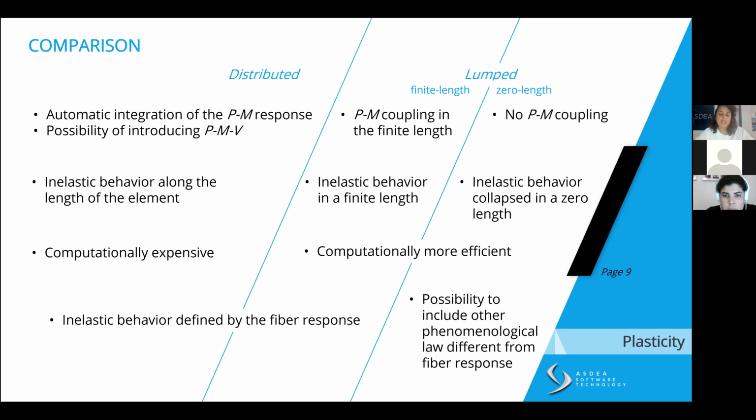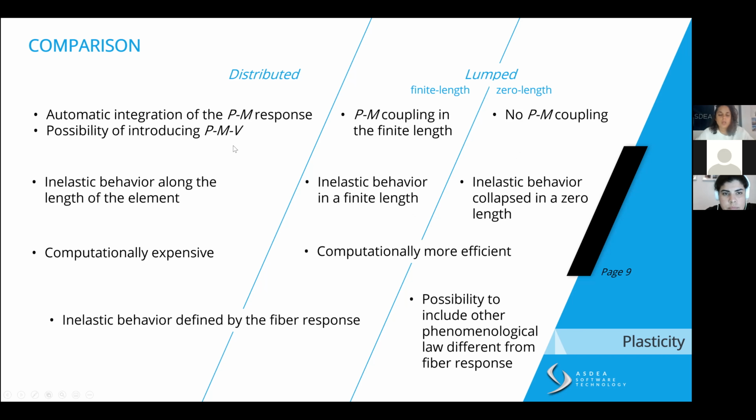Of course, you might ask, why would I want to use a lumped plasticity approach, given that my plasticity is not represented correctly, or more realistically? Well, these approaches are much more efficient computationally, because extracting results in each fiber is very heavy, computationally expensive.